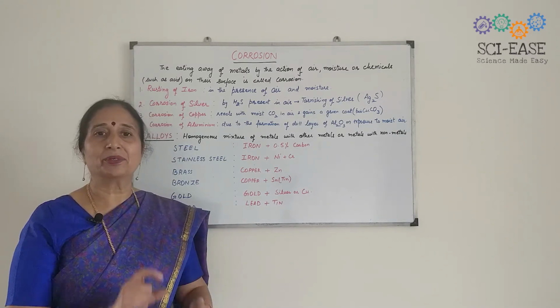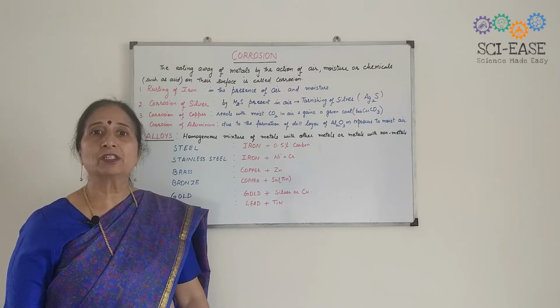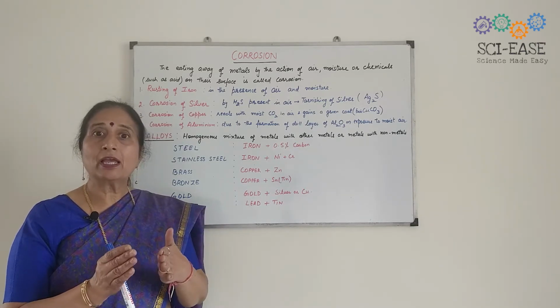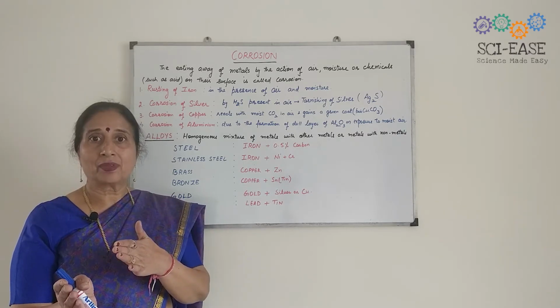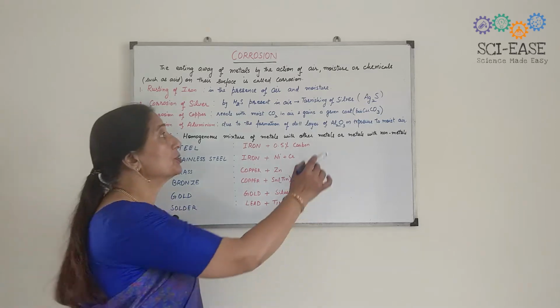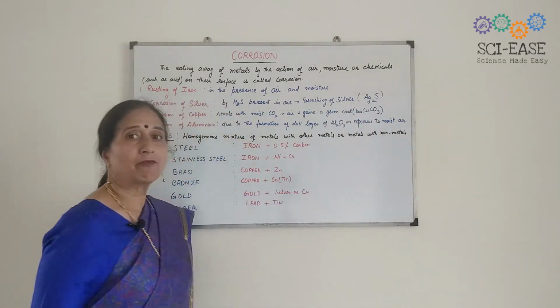This is the term used: tarnishing of silver. Silver will become black. Your ornaments become black after some time. Why? This is due to the formation of silver sulfide.